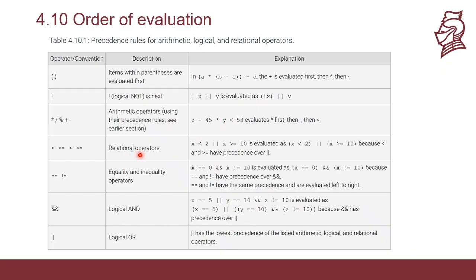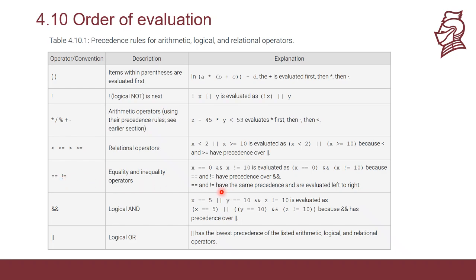The relational operators come next after the arithmetic operators. So you do your arithmetic first, then the relational operators. So you have less than or equal to, greater than, and greater than or equal to in that precedence. Equality and inequality, you have the equality operator and then the inequality operator.